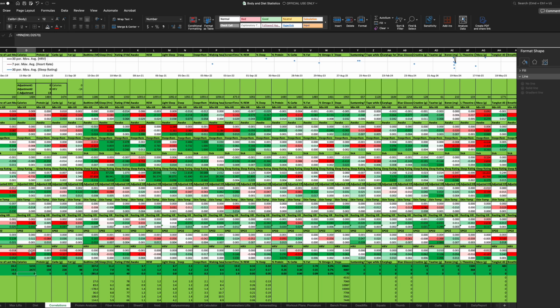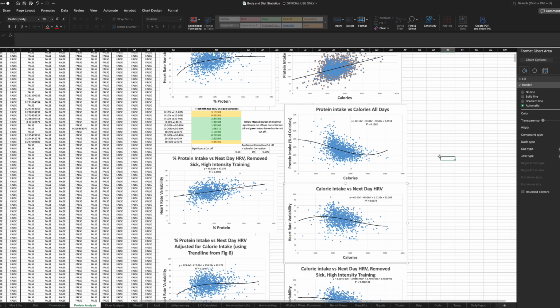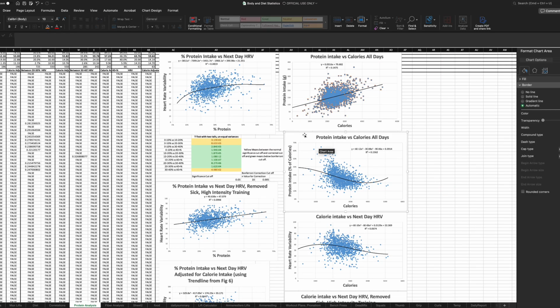So then we're also looking, this one's just for people's information. I'm not drawing any conclusions from it, but you can see that I do in general get a higher percentage of protein when I'm around 2,000 calories than when I'm eating a larger amount of calories, right? So my percentage of protein is pretty much always over 20% on average, right?